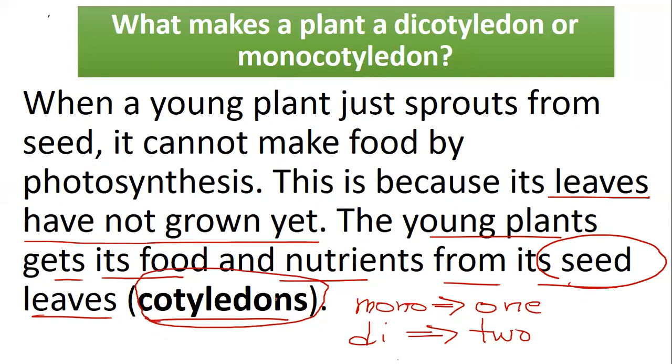What is cotyledon? Seed leaves. Okay, that is what we call cotyledon. Seed leaves. We are talking about monocotyledon and dicotyledon. I give you already the meaning of mono. I give you already the meaning of di. So you have the idea what is dicotyledon and monocotyledon. Am I right?